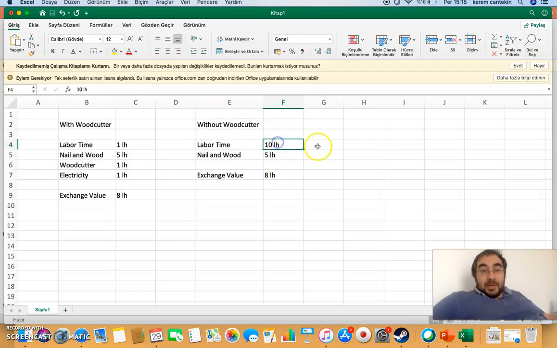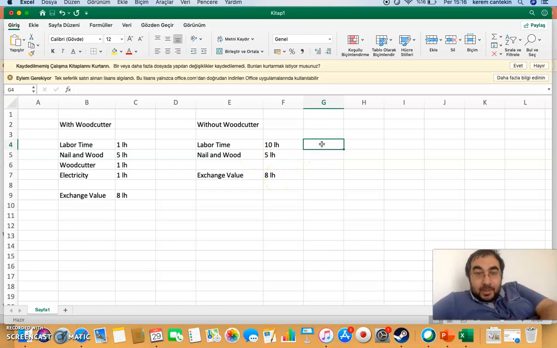So in this 10 labor hours, the actual value they add to the table is from this to this. Well, they start with 5 labor hours worth of nail and wood, and they add 3 labor hours in the end. So their 10 labor hours are worth 3 labor hours.